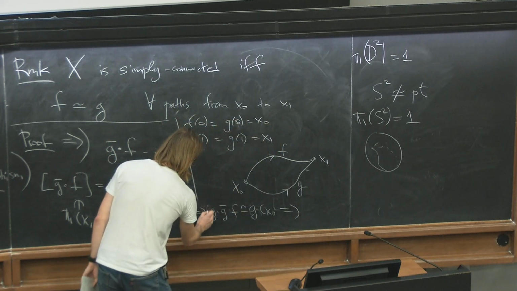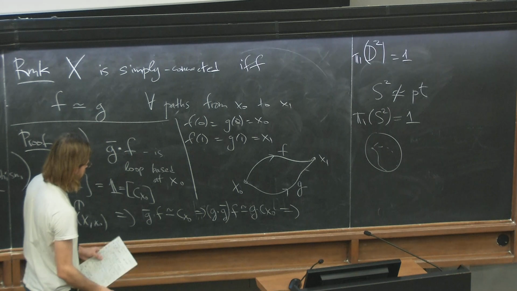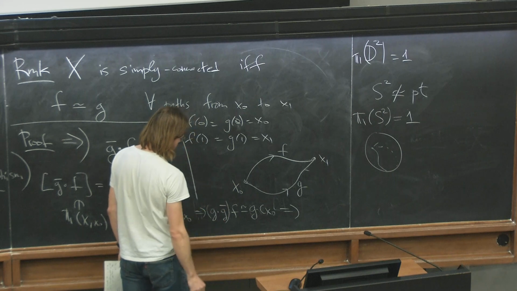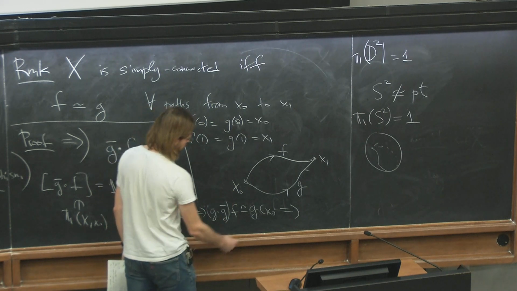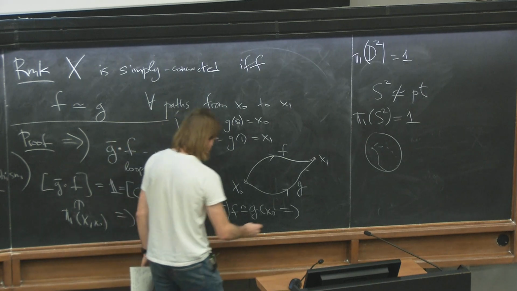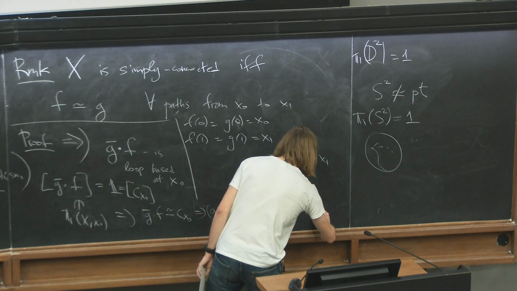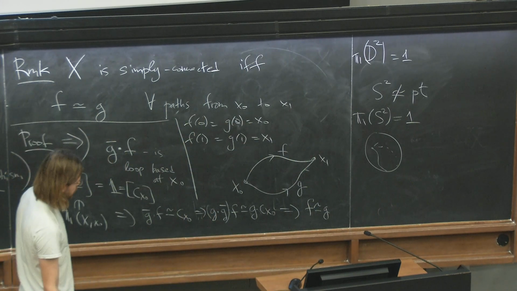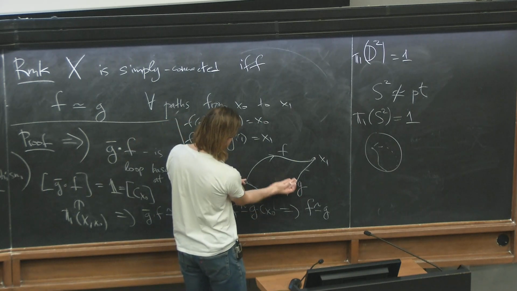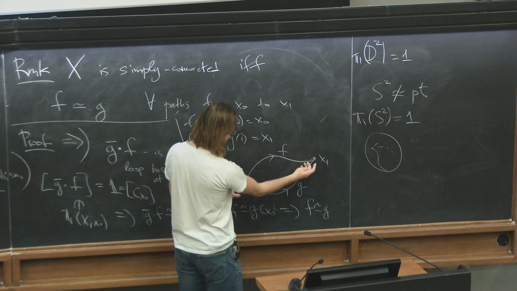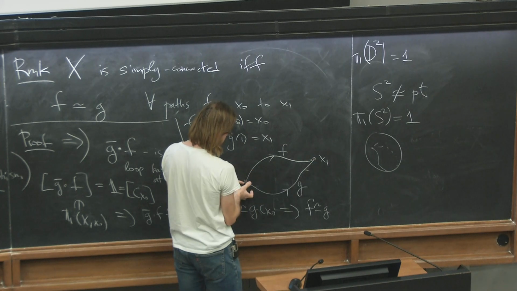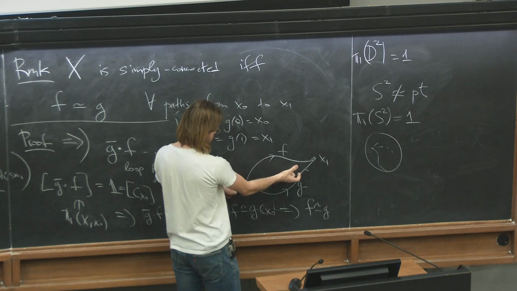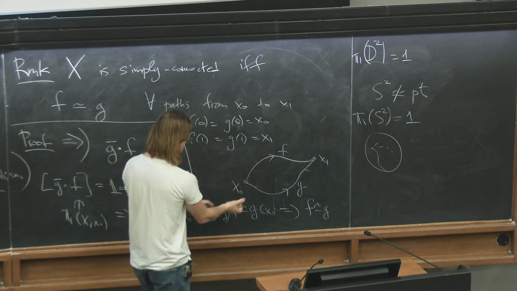But then we can consider the pair G and G bar, whose composition is homotopic to a constant loop, which we can remove, and we can also remove the other constant loop. So it follows that G is homotopic to F. Basically, geometrically, the statement is that if one can deform G to F with fixed x0 and x1, this is equivalent to the composition of F and G bar being deformable to a constant loop.